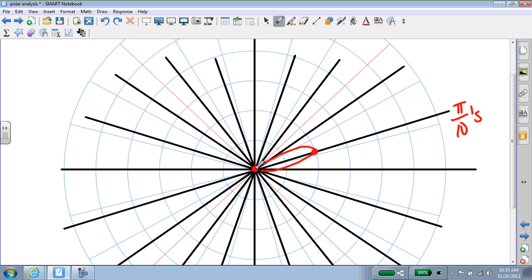I'm at negative 2. Let's see, that's this one, negative 2. And then I'm back at 0. So my radius got bigger and then smaller.